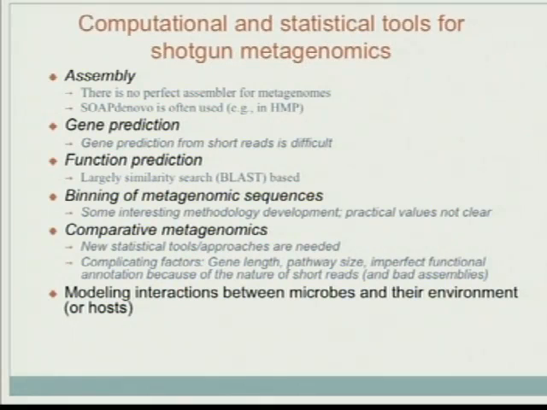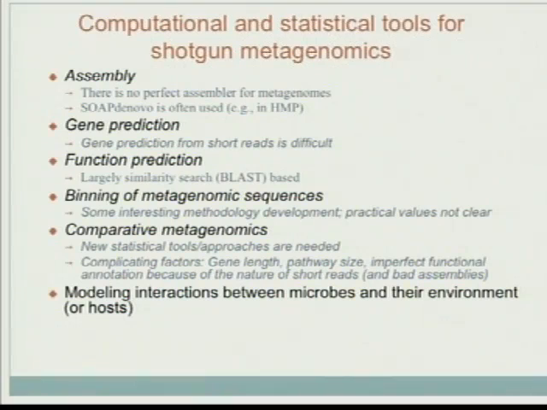It's impossible. But sometimes you may get very good assemblies for the abundant ones. So you may get a few genomes, but most of the time you will just get short reads, pieces of DNAs from many genomes. So that's assembly. There's no perfect assembler for metagenomes yet.